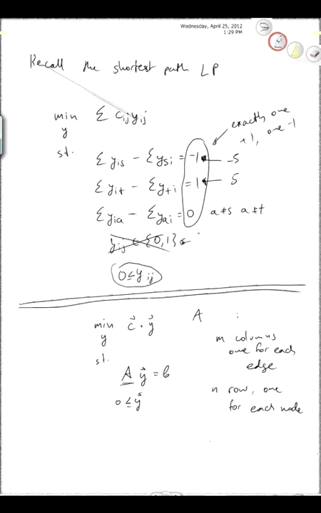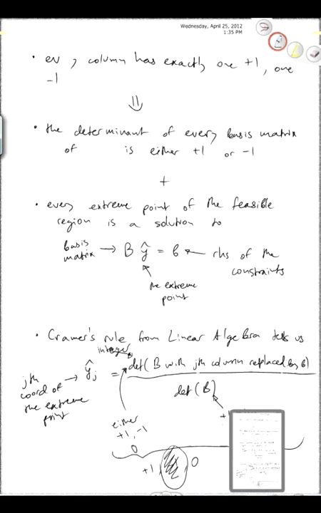Their right-hand sides might not be as simple as for the shortest path one, but we know for a fact that the extreme points that we get out are going to be integers because this right-hand side, the b here, is also an integer. So that explains why we could do this magic of dropping the integer constraints for the shortest path problem in favor of just non-negativity constraints.